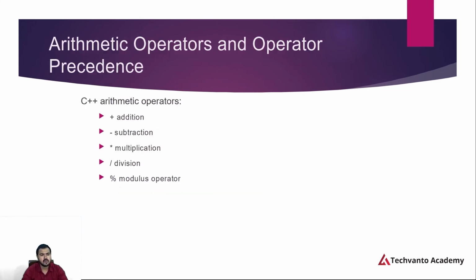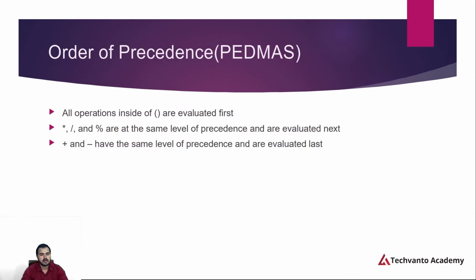And we will look at what the arithmetic operators are and what the order of precedence is. These are the arithmetic operators that we are going to be using: addition, subtraction, multiplication, division and the modulus operator. While evaluating arithmetic expressions, you need to follow some rules, like the PEDMAS rule.